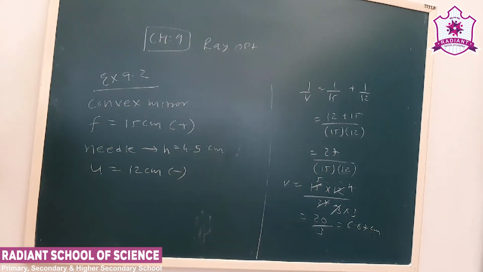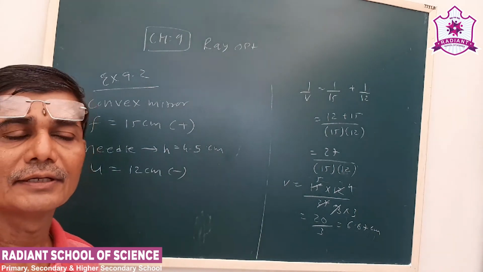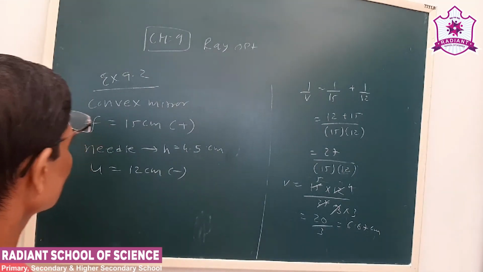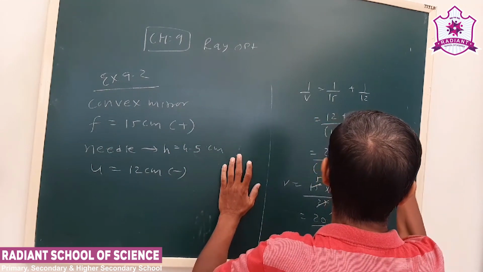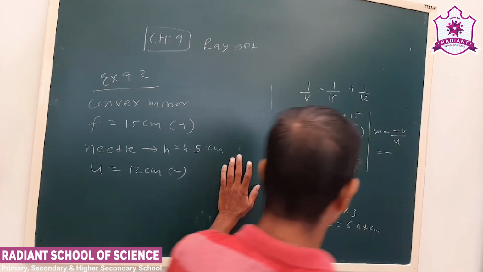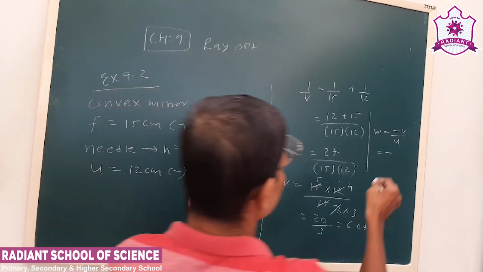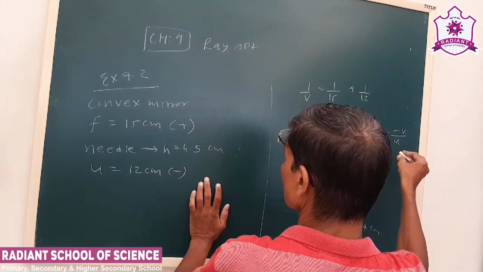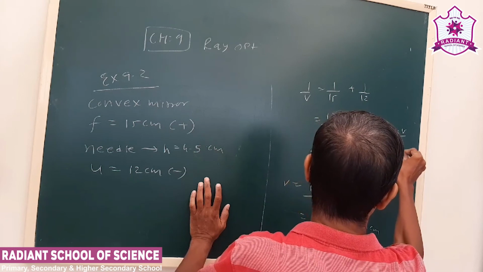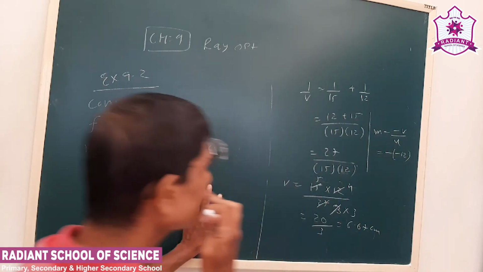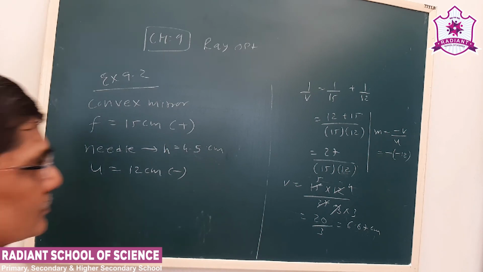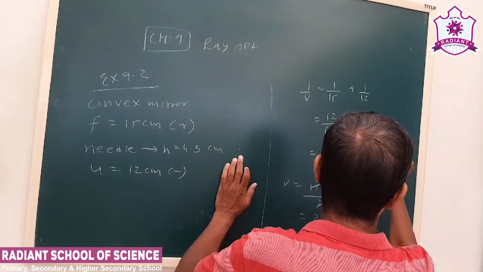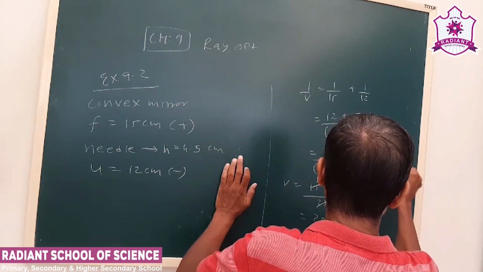Now the magnification, as we predict, should be less than 1. M is minus V by U, where V is 6.67 and U is minus 12.